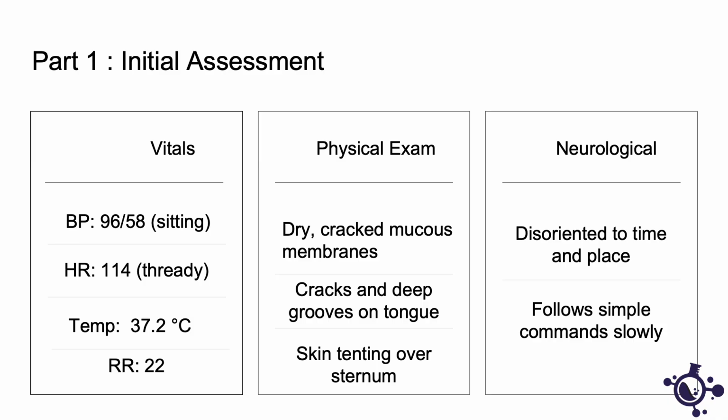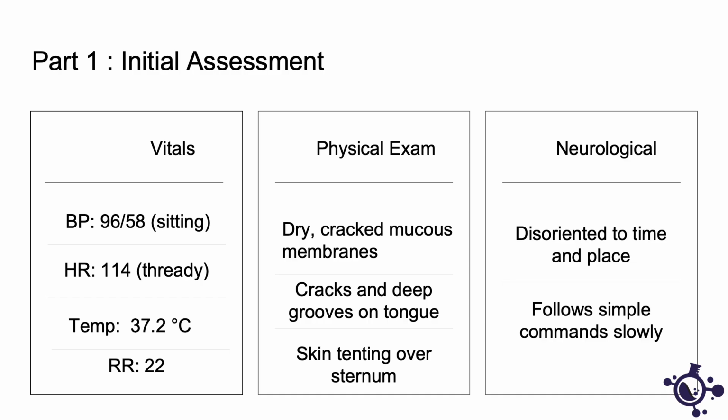So now you complete your initial assessment, and your findings are Miss Gertrude's blood pressure is 96/58, and she's sitting down. Her heart rate is 114, and it's thready. Her temperature is 37.2 degrees Celsius, and her respiratory rate is 22.